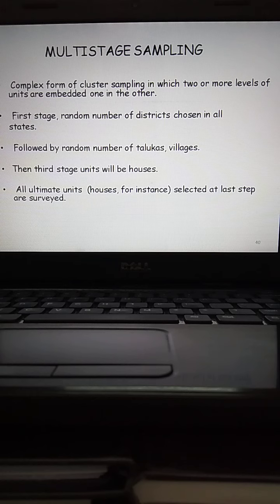In the third stage, the houses. All ultimate units, houses for instance, are selected at the last step and the survey is conducted. This is what we call multi-stage sampling. Remember that all these are connected to the first sampling method. What do you call that? The SRS sampling method, simple random sampling method.